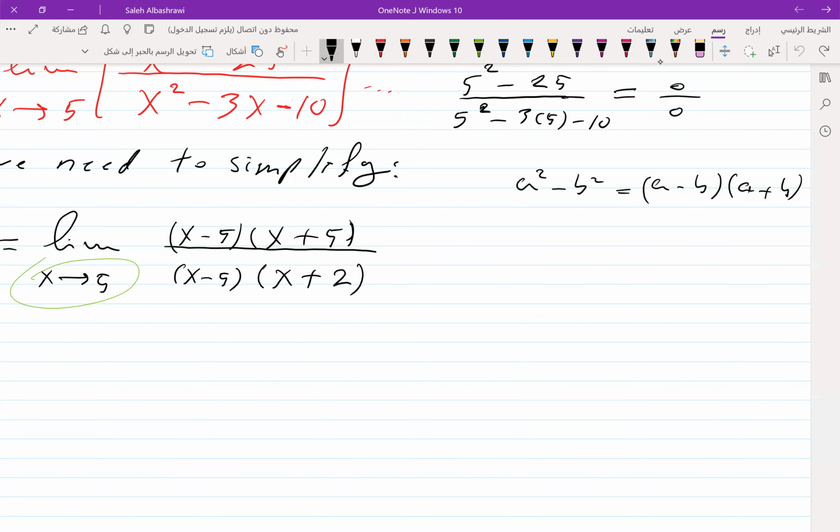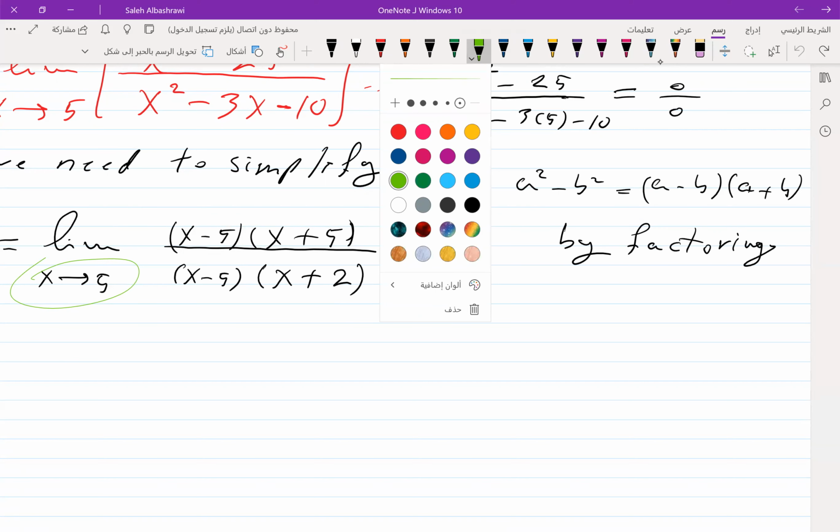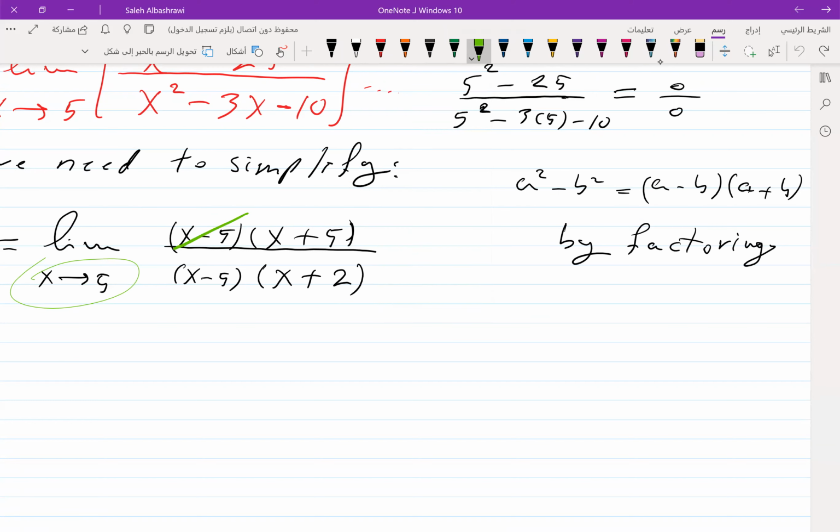This is by factoring. Now, I have a common factor. I will remove the common factor from up and down: x minus 5 from the numerator and x minus 5 from the denominator.